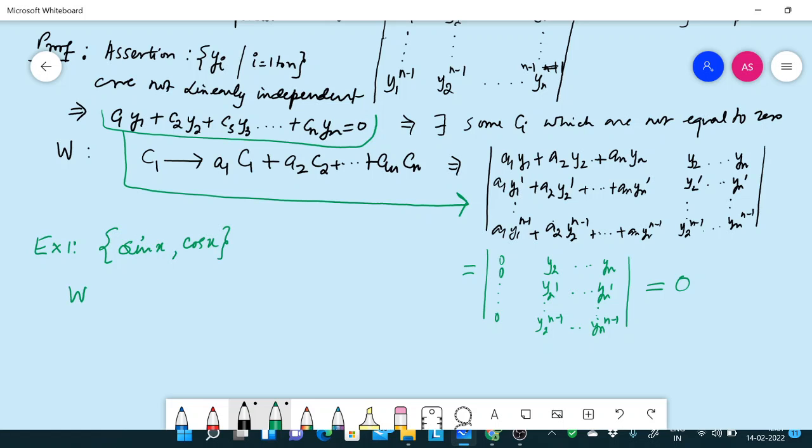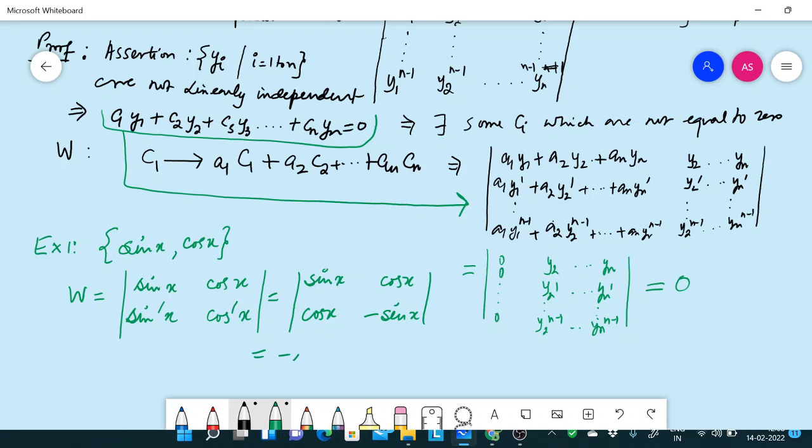So what is the Wronskian? Here y1 is sin x and y2 is cos x. So this is the first row. The second row will be the first derivative of these. The matrix will be sin x, cos x, cos x, minus sin x.